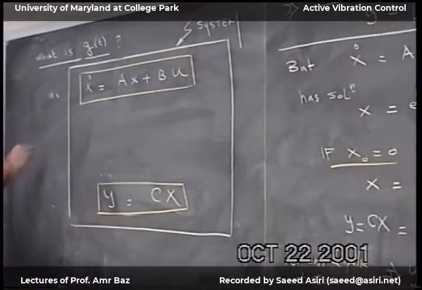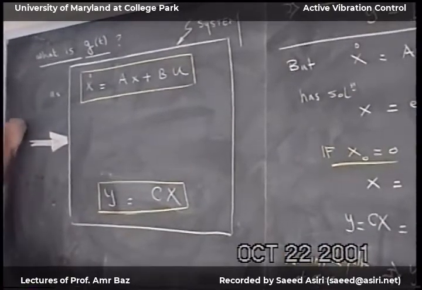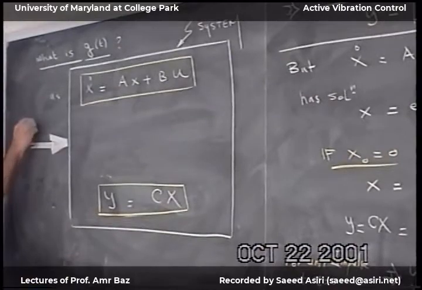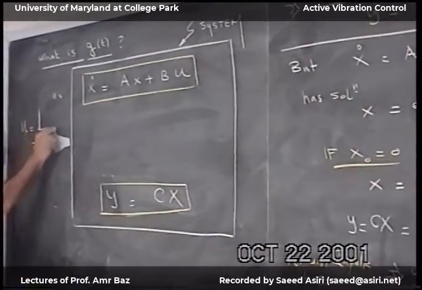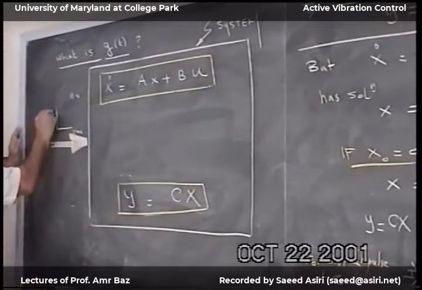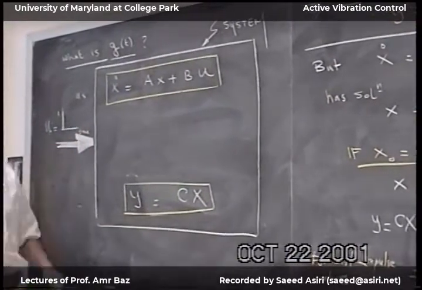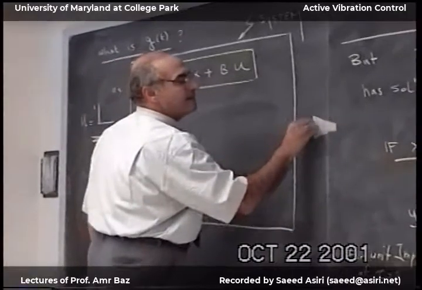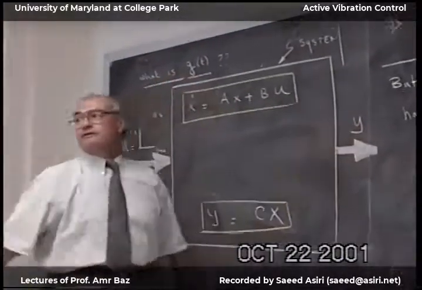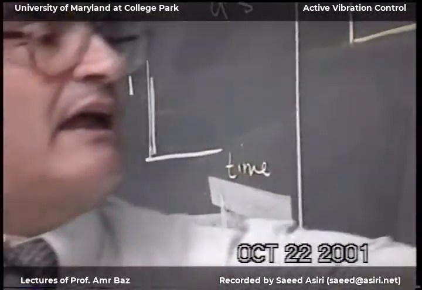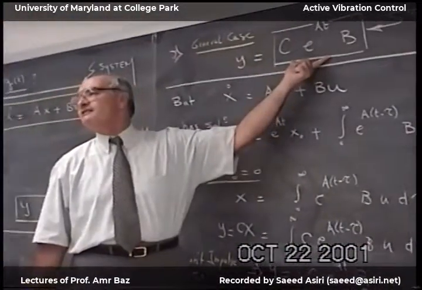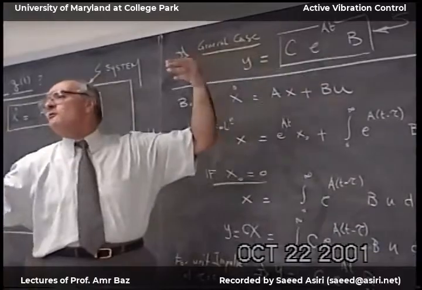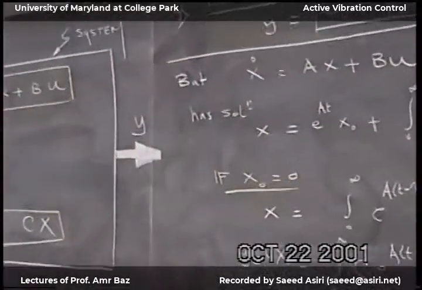So what would I do? I come here and inject a unit pulse, and then measure here the output. The output that I measure here is the system transfer function. So that's one way of identifying system parameters.